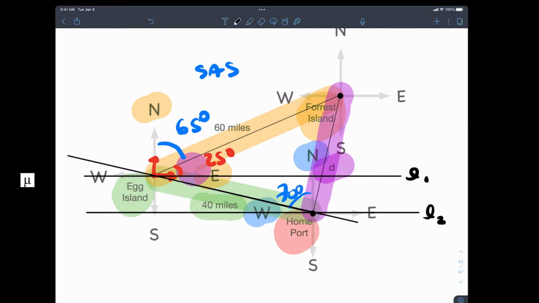This means we have 20 degrees here. Is that right? Which means what? So this portion's 20 degrees, and that means this portion's what? 20 degrees. Is that true?